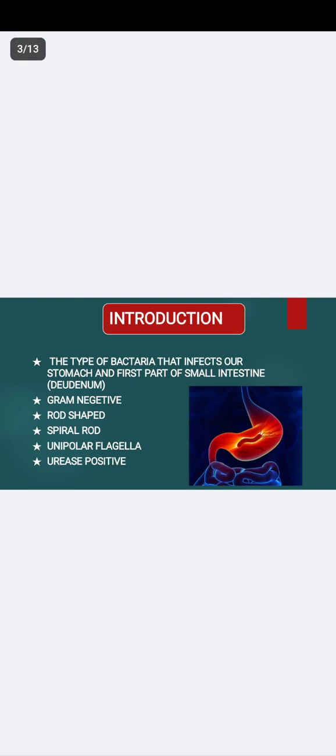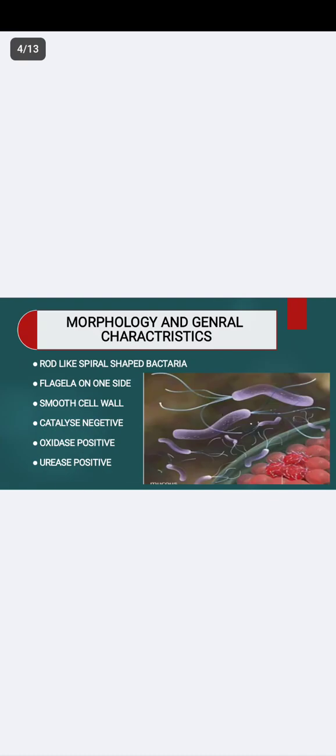और इसके अलावा, now coming towards morphology and general characteristics. Its morphology is a rod-like, spiral-shaped bacteria, flagella on one side, a smooth cell wall, catalase negative, oxidase positive, urease positive.